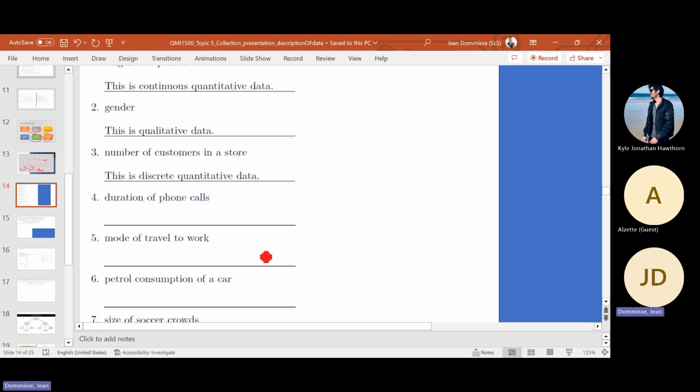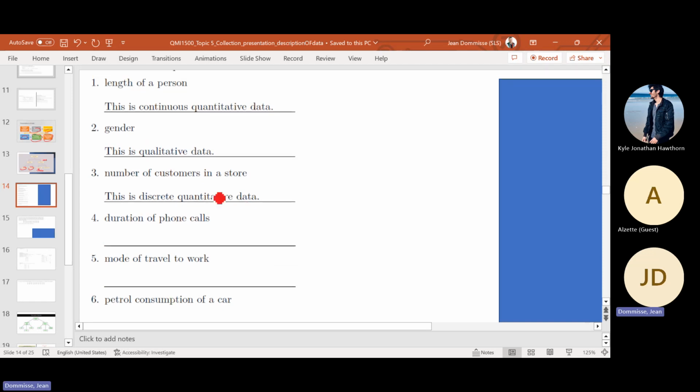Okay, so let's quickly look at the length of a person. I did not add how long it should be, so in meters or centimeters. So when it is a continuous quantitative, if I set the length of a person in centimeters, then it would have been discrete.